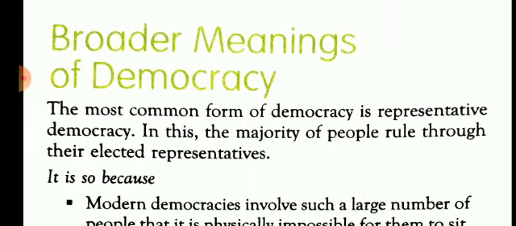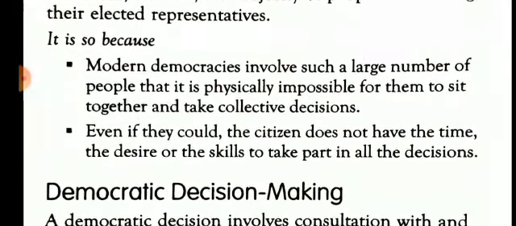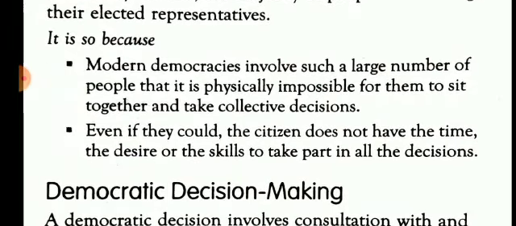The most common form of democracy is a representative democracy. In the representative form of democracy, the majority of people rule through their elected representatives because modern democracies involve such a large number of people that it is physically impossible for them to sit together and take collective decisions.